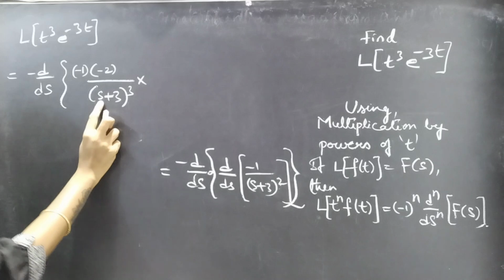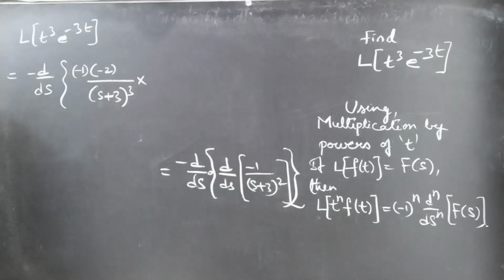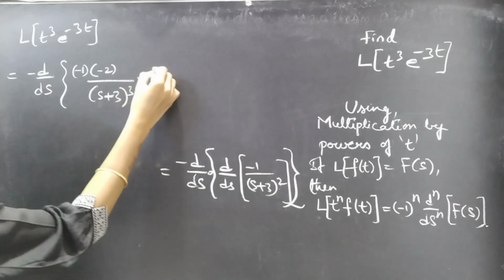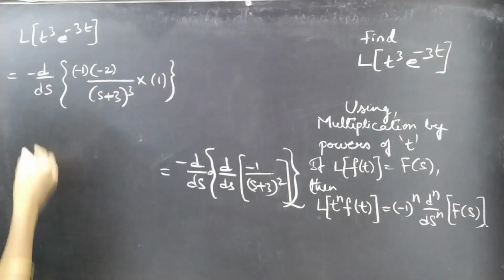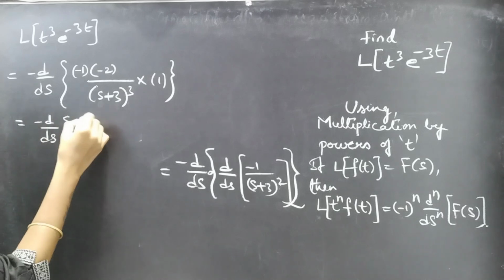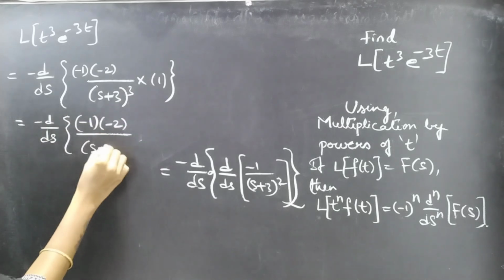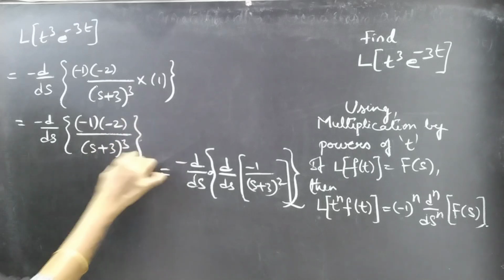Derivative of s with respect to s is 1. Derivative of constant with respect to s is 0. So you'll get 1 plus 0, which is 1. This is equal to minus d by ds of minus 1 into minus 2 by s plus 3 whole cube.